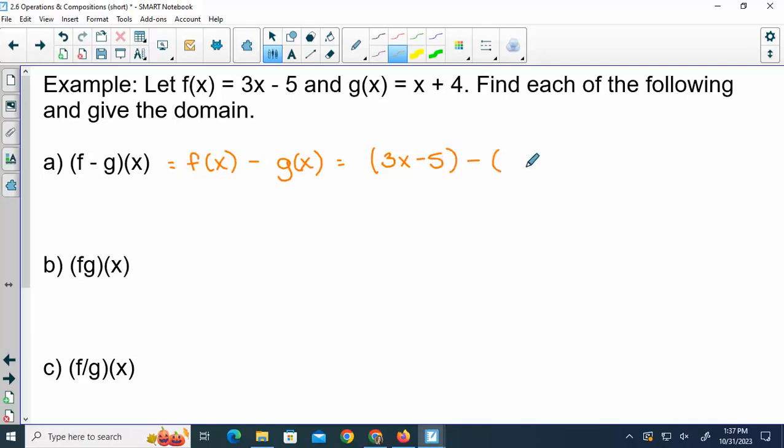Minus. What is g of x? x plus 4. All right, what would we do here? Subtract like so. We could run that negative through so we can combine like terms. So 3x plus negative x will be a positive 2x. Negative 5 plus negative 4 is negative 9. So 2x minus 9.